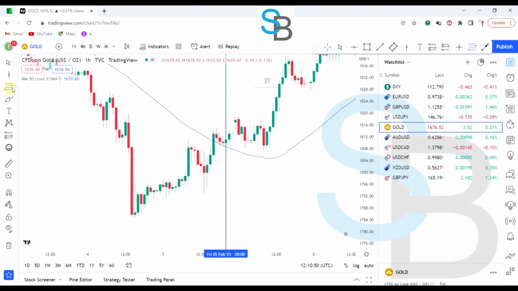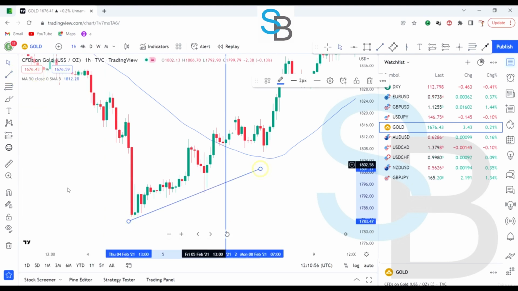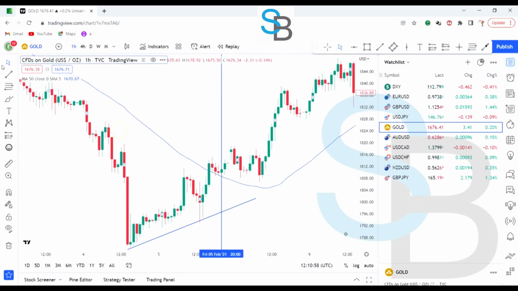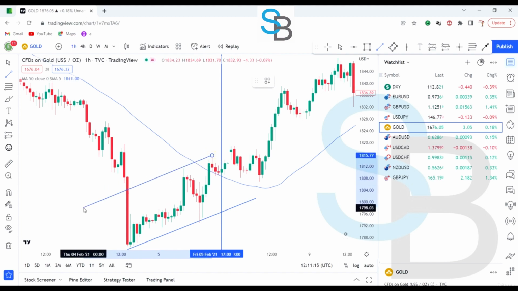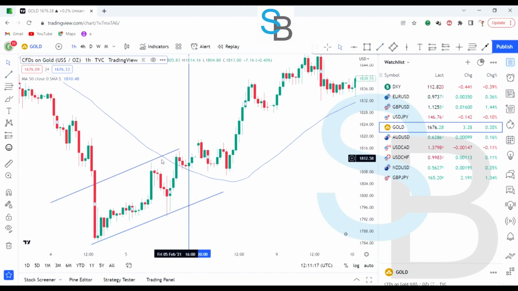The only price pattern I can identify here is maybe kind of a channel. Remember we can now see what's happening here. We came here and we saw this candle formed, right? So we could maybe see a channel is trying to form here.